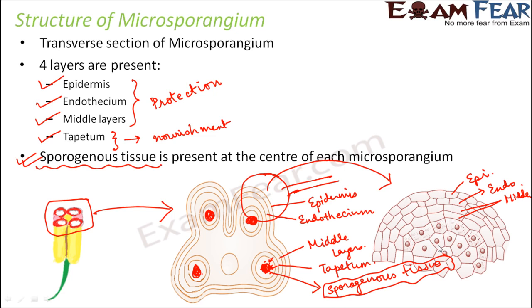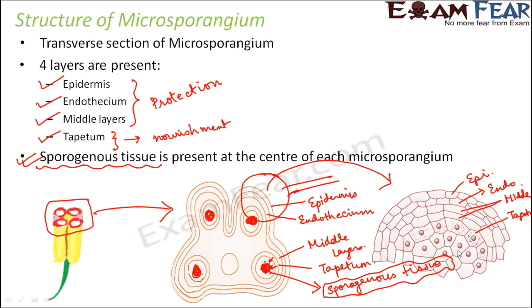Multiple layers can be there, and then inside that you have the tapetum, that is the innermost layer. And then inside you can actually see some cells. And what are these cells? These cells are nothing but the microspore mother cells. Now please do not get confused. In the next slide, that is what we are going to understand. So for now you understood the sporogenous tissue.